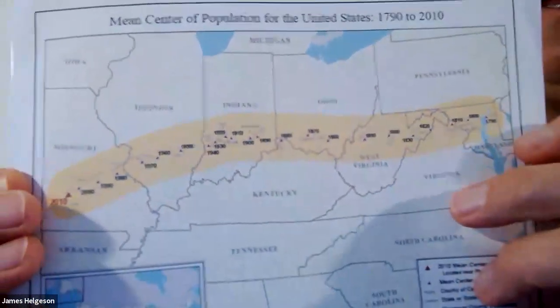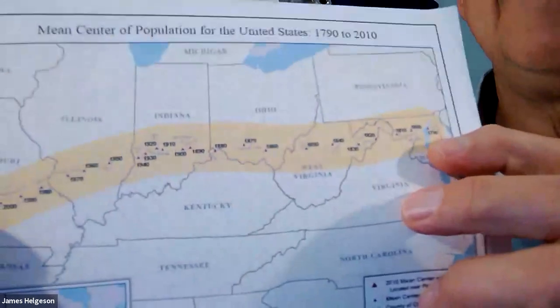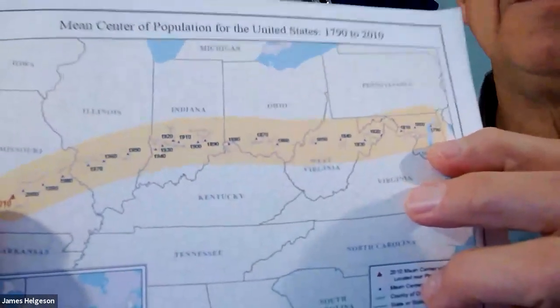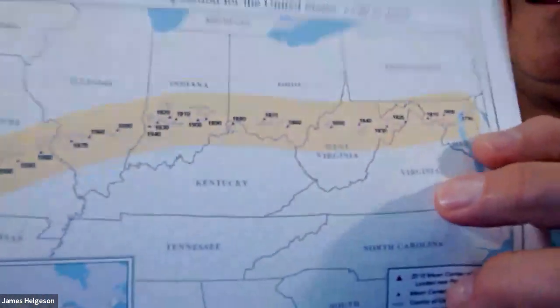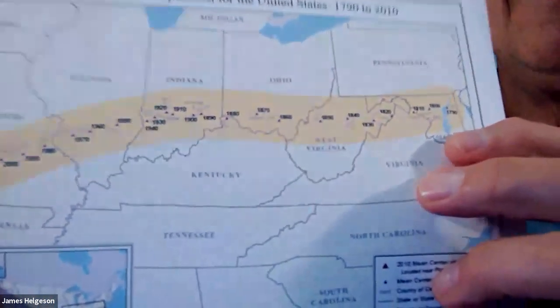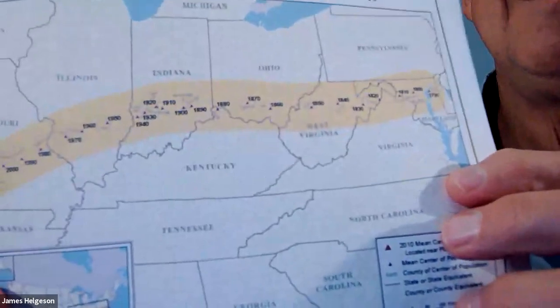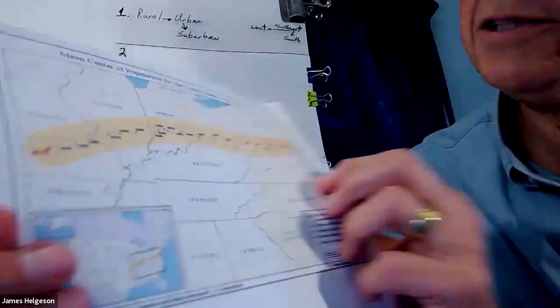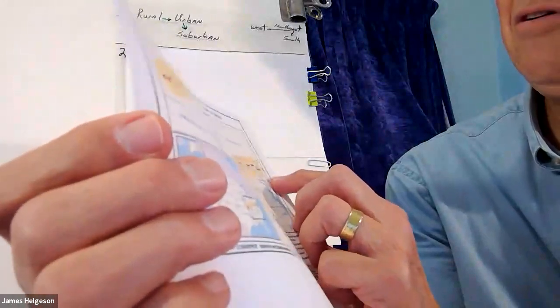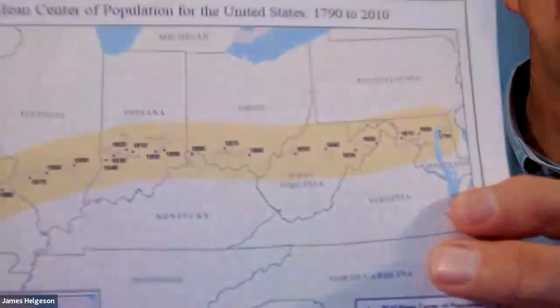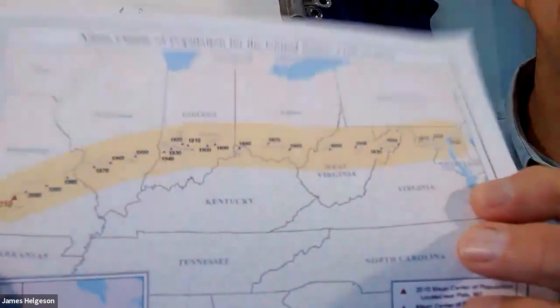Back in the beginning, each one of these is a census year, okay? And so there we are, centered back there in New York, pretty much. Maryland, Washington, D.C., well, maybe New York's farther north. But there's where it's kind of centered.